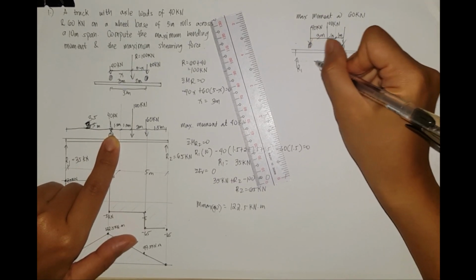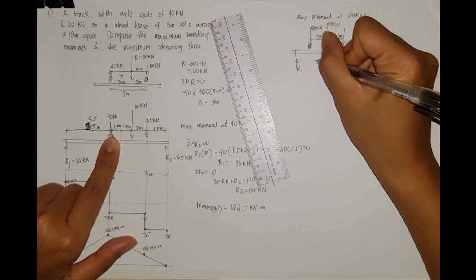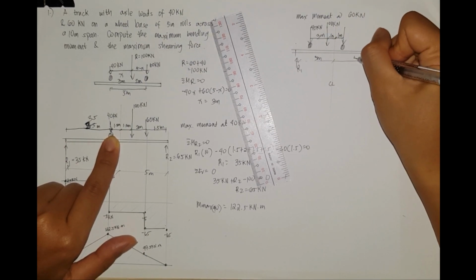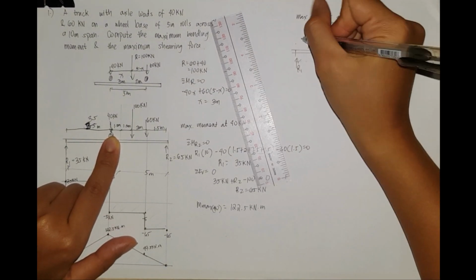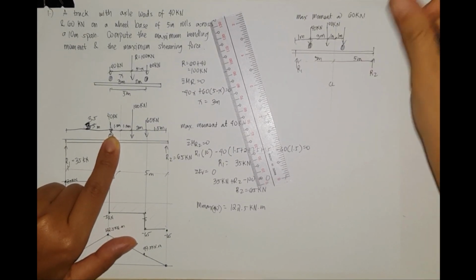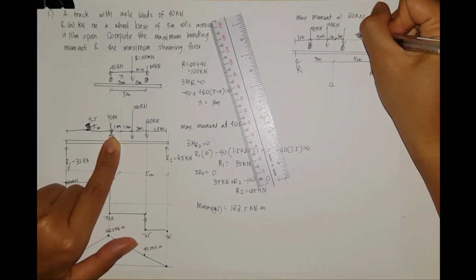So if this is 5 meters and then 5 meters, so this is equal to 5 minus 3, 2 minus 1, so 1 meter na lang to. And this is equal to 4 meters.